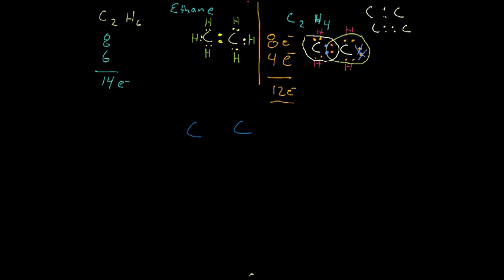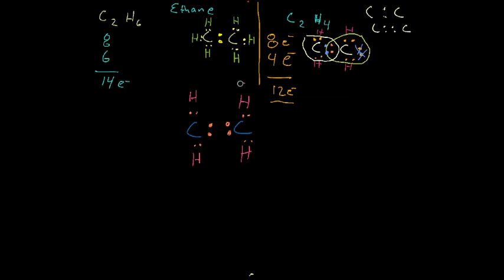We've got a carbon, a carbon, 4 hydrogens, and a double bond here now, and then a single bond there, single bond there, single bond. Okay. Need to make sure we're using all 12 electrons: 2, 4, 6, 8, 10, 12.